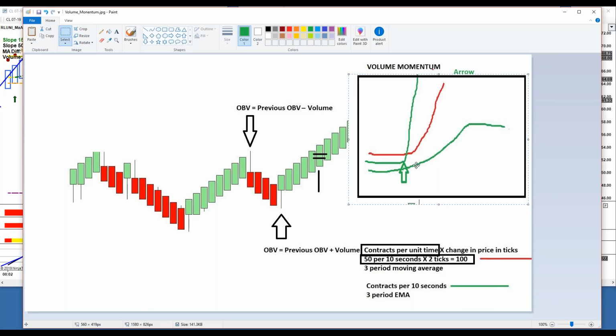If we see this moving up like this, or we see it moving up like this, flat, and price is going up, we know we really don't have institutional participation, because price is sort of languishing up very slowly.